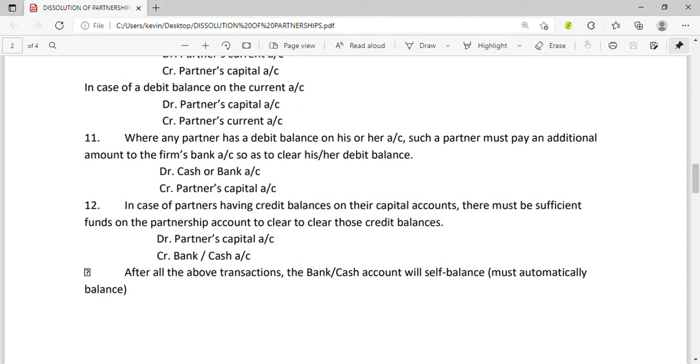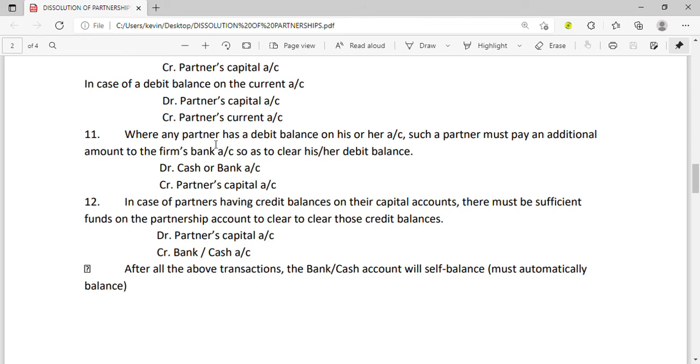Then where any partner has a debit balance on his or her account, such a partner must pay an additional amount to the firm's bank account so as to clear his or her debit balance. When a partner has a debit balance, it means that he spent more than he was supposed to, or the money on his account is not enough to clear all his expenses.